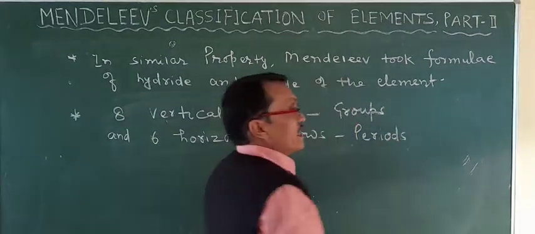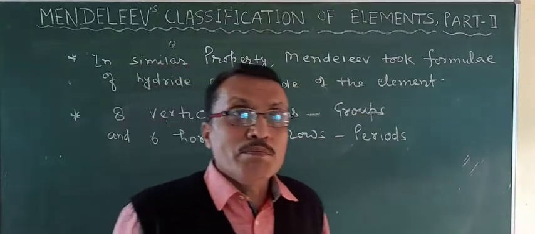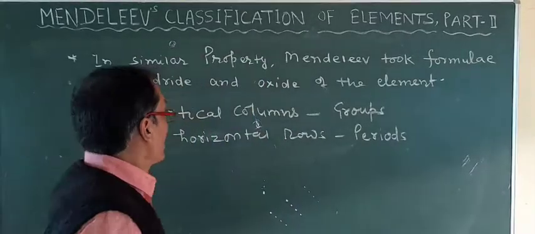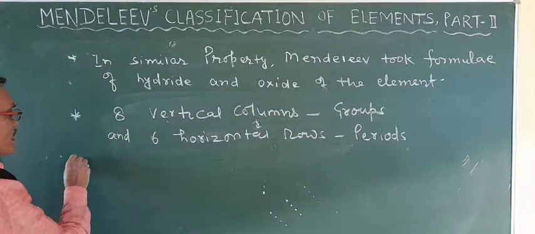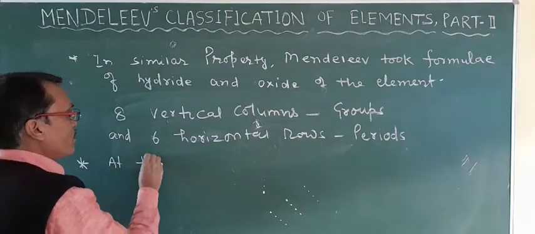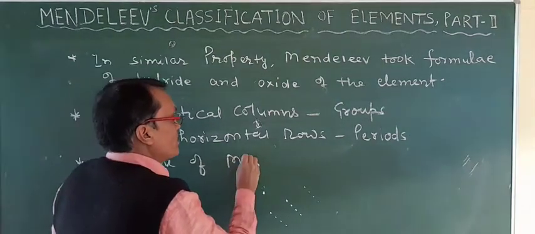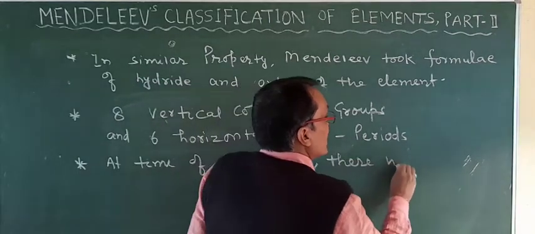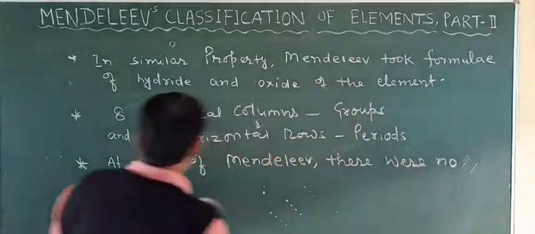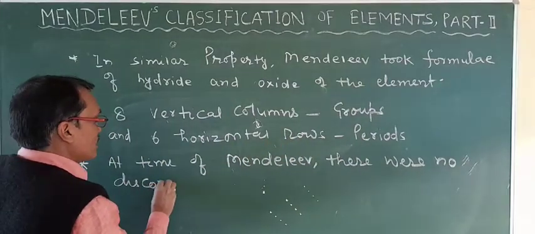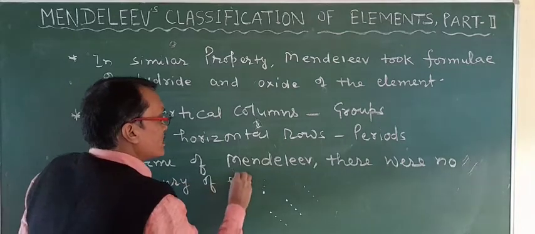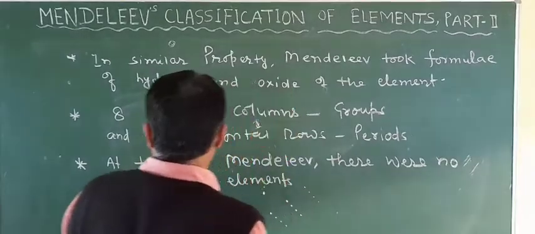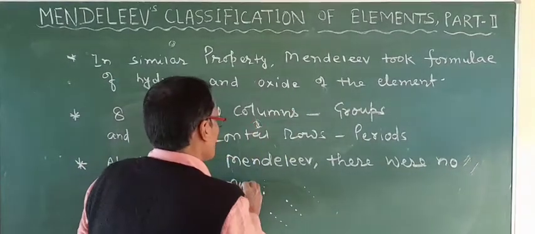So you can say in Mendeleev's periodic table the number of groups were 8 and number of periods were 6. Okay, now students, next thing, at the time of Mendeleev, there was no discovery of noble gases.